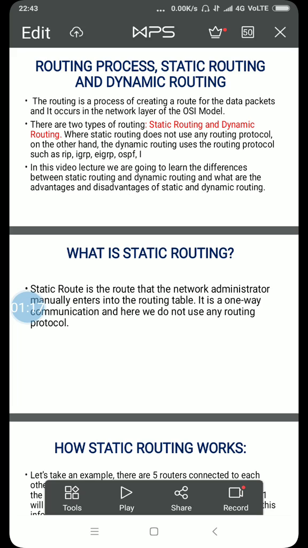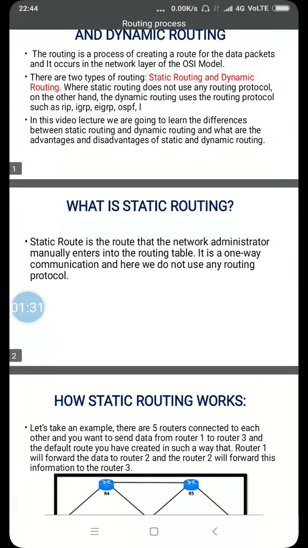and BGP. In this video lecture, we are going to learn the difference between static routing and dynamic routing and what are the advantages and disadvantages of static and dynamic routing process. So let us start with static routing. What is static routing?